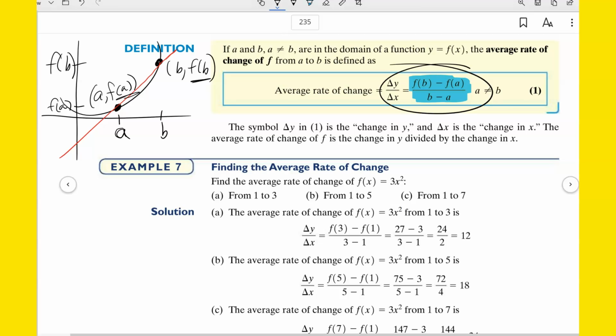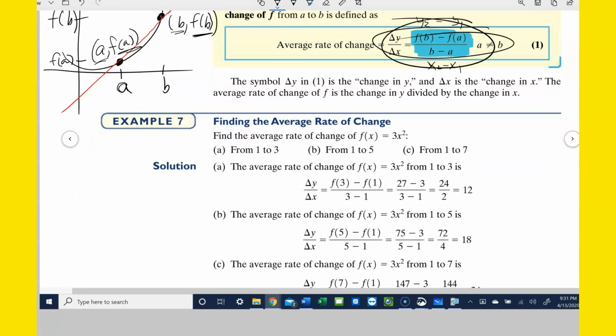Y2 minus Y1, that's F of B minus F of A, over X2 minus X1. Well, that's B minus A. So that's what this formula is. It's the slope of the line that connects the 2 points on a curve that we're interested in.